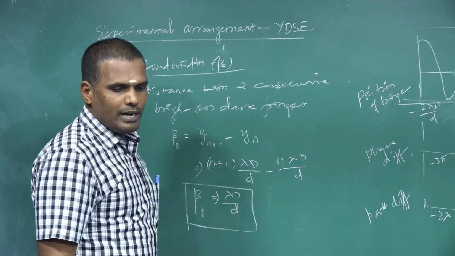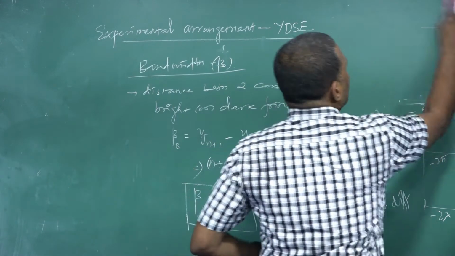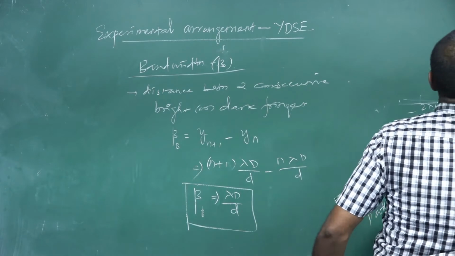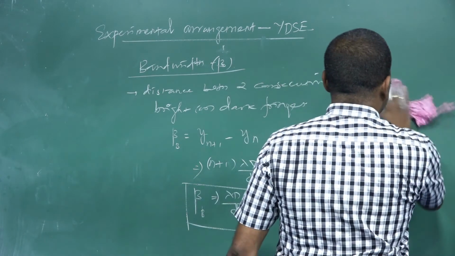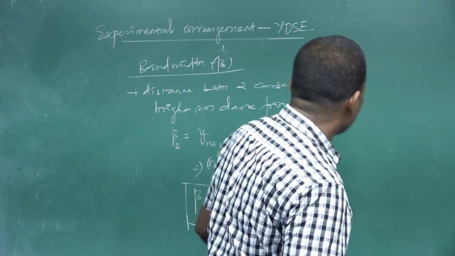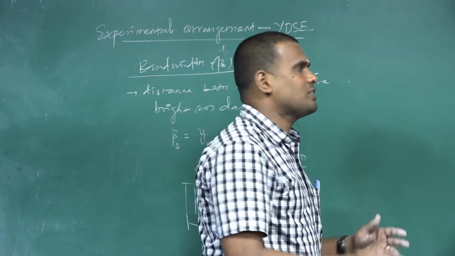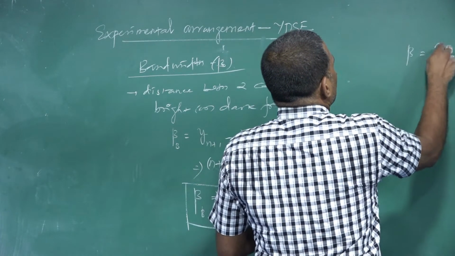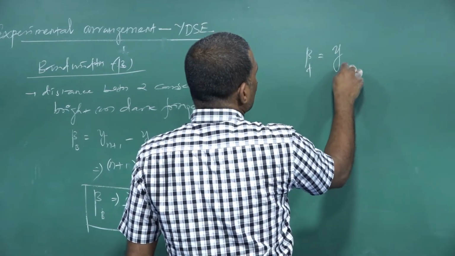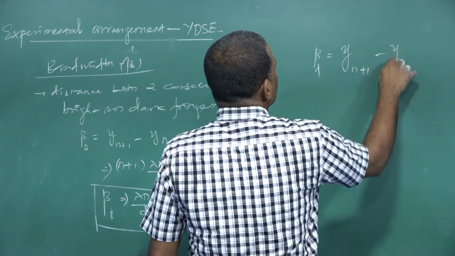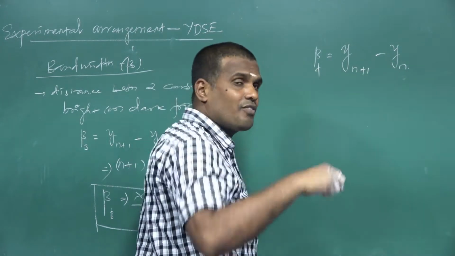In the same way, we can calculate the bandwidth for dark fringes. Bandwidth for dark fringe is also calculated with the same idea, the distance between two consecutive dark fringes. Beta for dark fringes is beta equals y of n plus 1 minus y of n, the distance between the nth and the n plus 1 dark fringes.